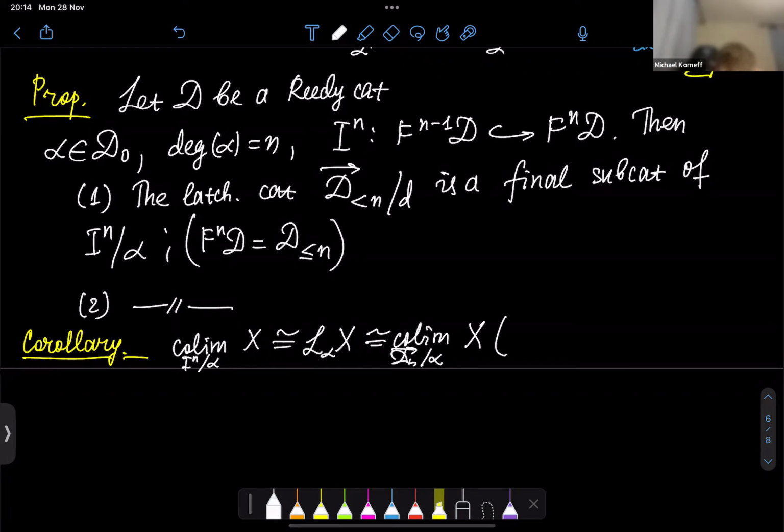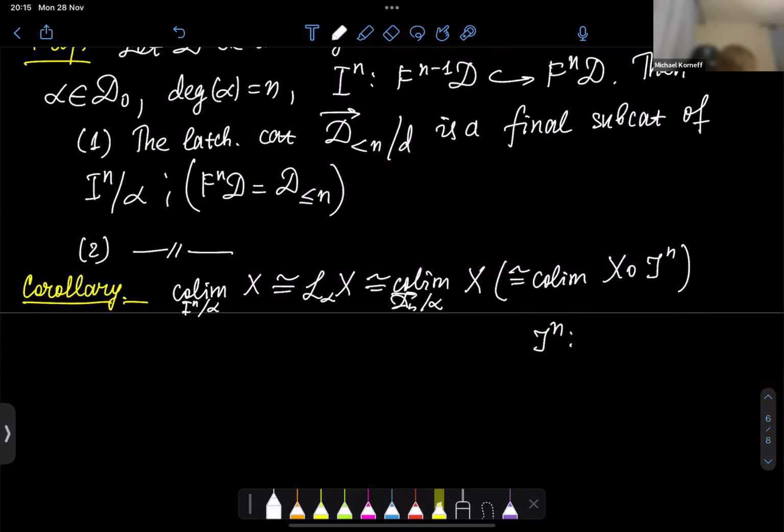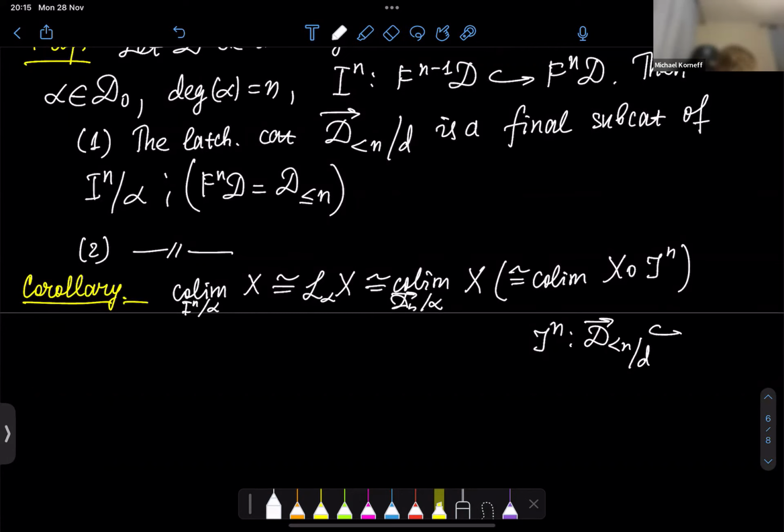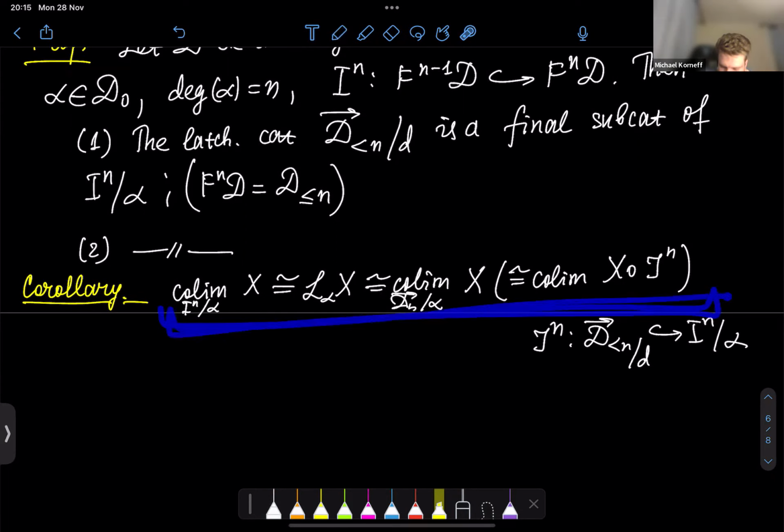And this is just a colimit of the composition of x and the inclusion functor j. j is a functor which maps this category into this one. It's just a definition of a final functor.